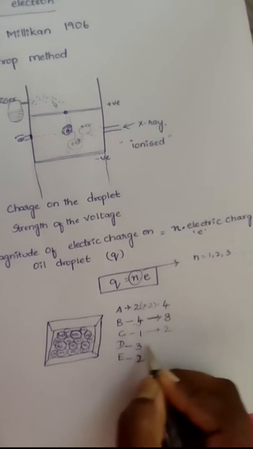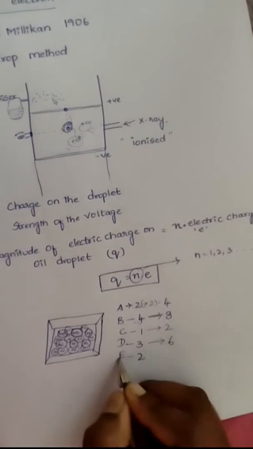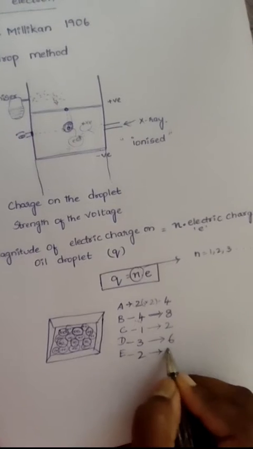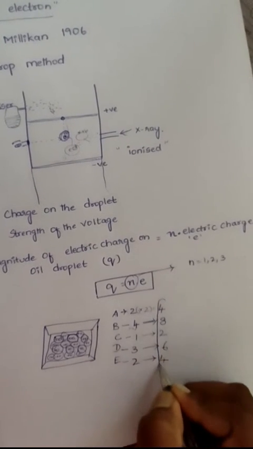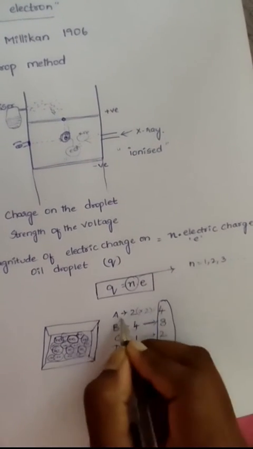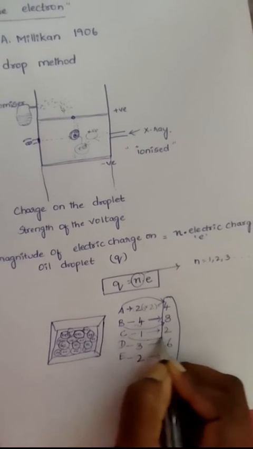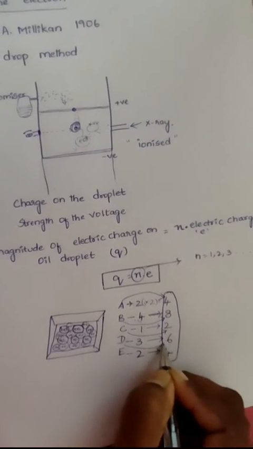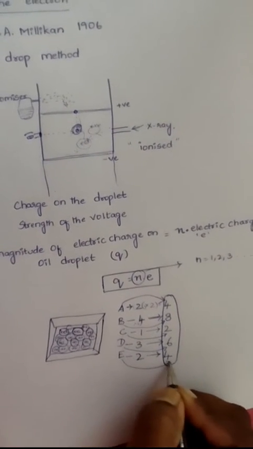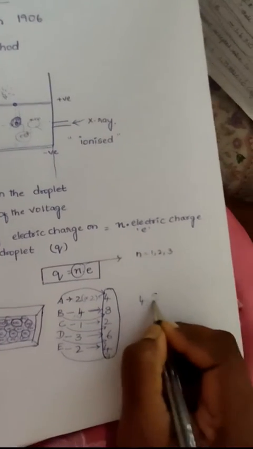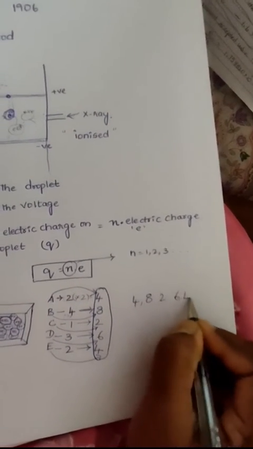C has 2 chocolates, D has 6, E has 4. Means A has 4 chocolates, B has 8, C has 2, D has 6, E has 4. 4, 8, 2, 6, 4.